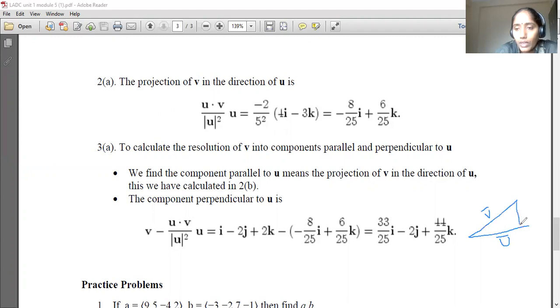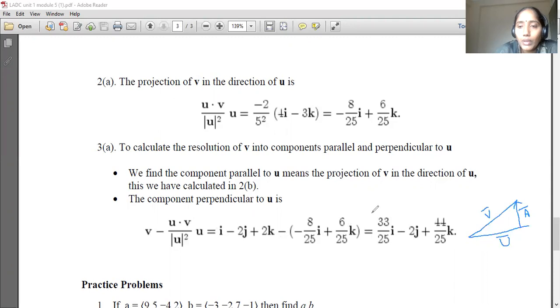Now if we consider this vector as some a bar, then using the triangle law, a bar is equal to v bar minus the projection of v bar on the direction of u bar, which is nothing but the vector projection of v bar on u bar, that is u dot v bar by norm u squared into u.